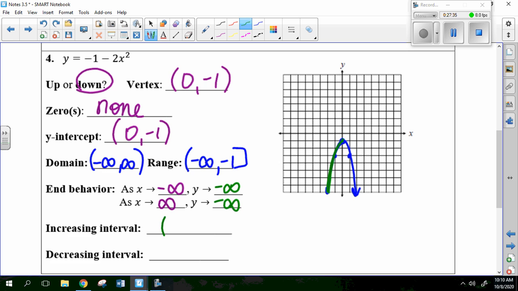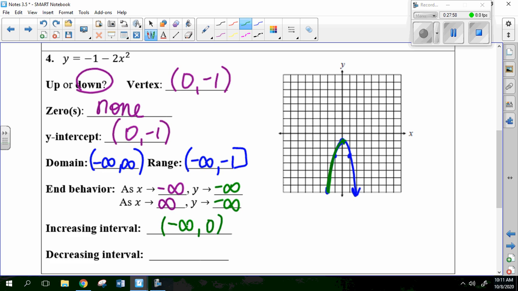And my first interval always starts with, I'm talking about left to right. What's the most thing left that I can write down? Okay. And then we stop at the vertex. Keith, what's the x value of the vertex? No, the x value. 0.